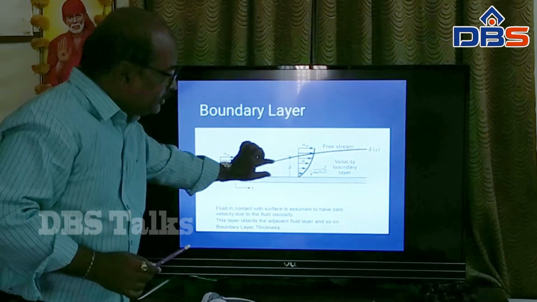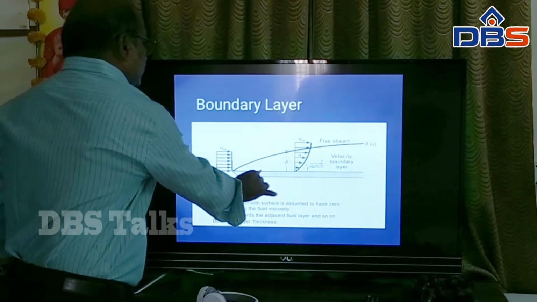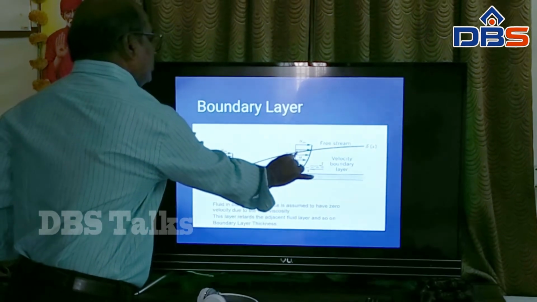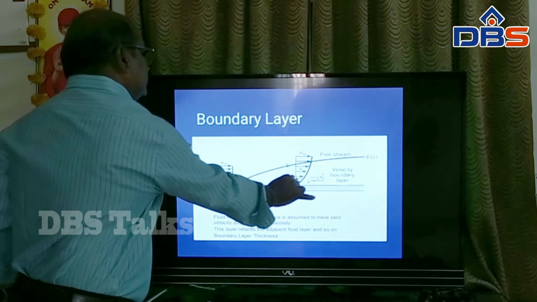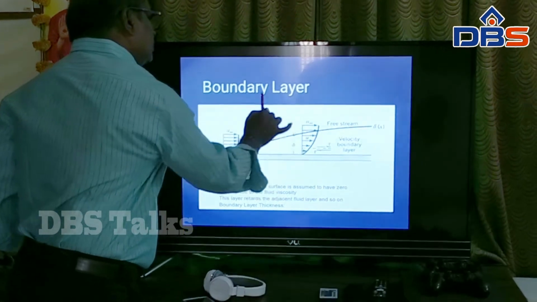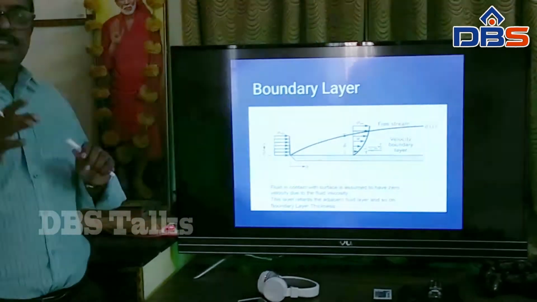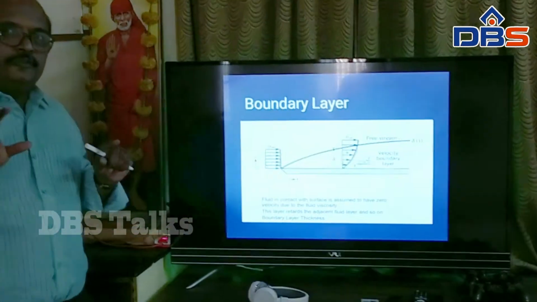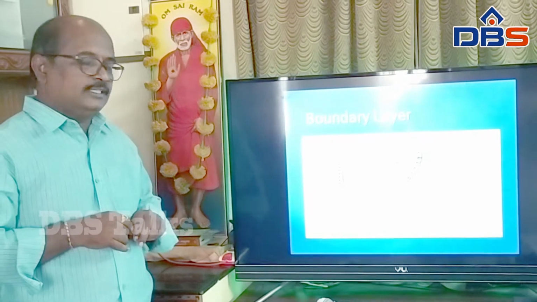This boundary layer flow is a very thin section, and here from the surface to the boundary layer, the velocity slowly increases. And inside the boundary layer, there will be viscous effects. There will be frictional forces. So due to frictional forces, there will be some drag force acting on the surface or plate.